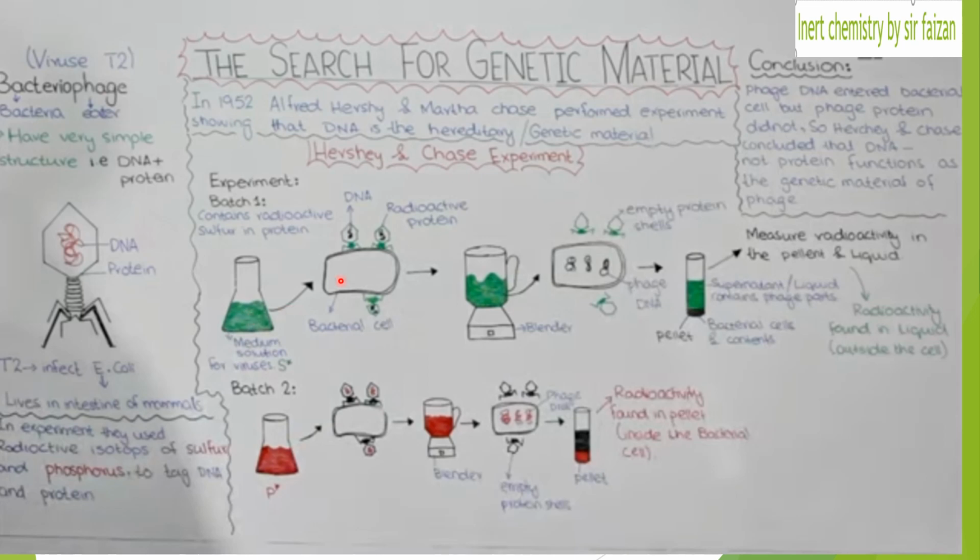viruses. Then they infect the bacteria with these radioactive sulfur containing viruses. After that, when these normal DNA containing and radioactive sulfur containing viruses infect these bacteria, they use a blender.